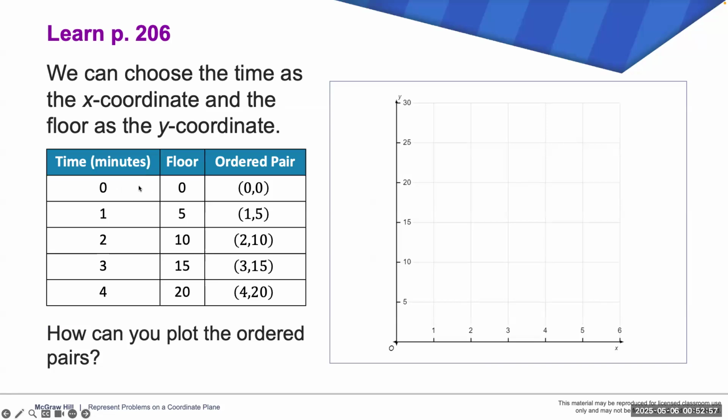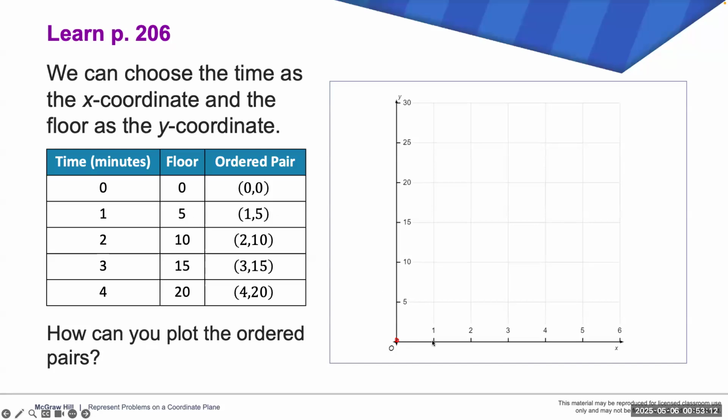So the first ordered pair is 0, 0. So we put that here. The second one is 1 and 5.